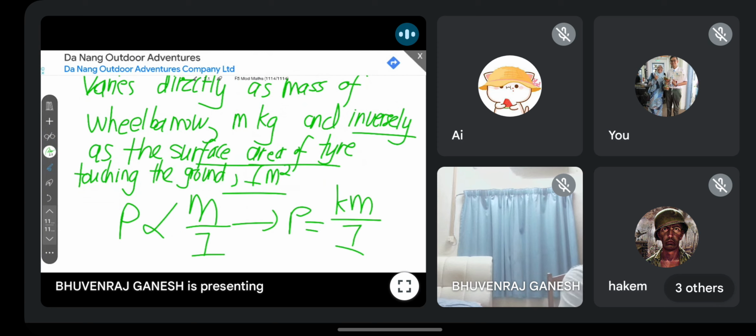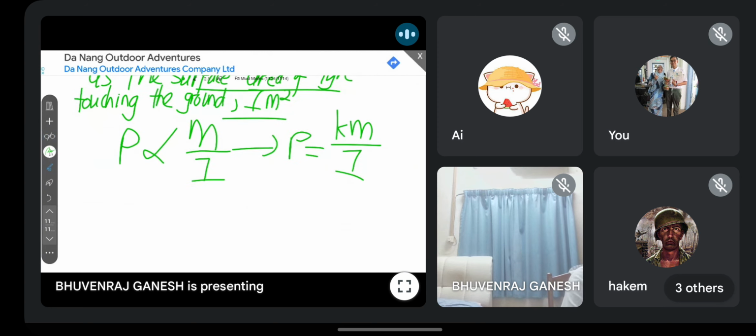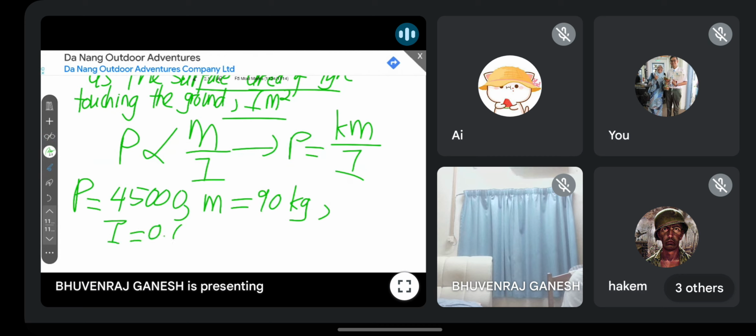So now they will give you value. Mereka akan bagi nilai. Okay, let's say that P is 45,000. Okay, M is 90 kg. I is 0.02 meter square.